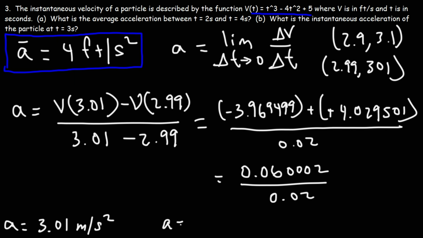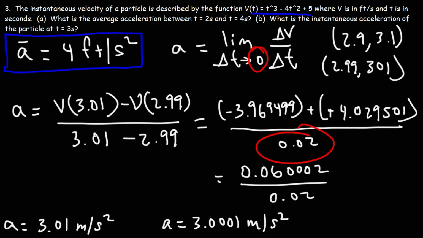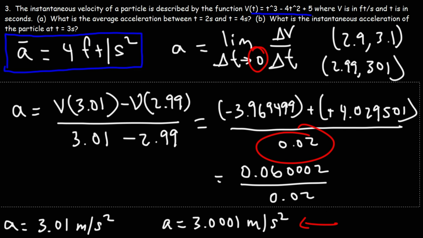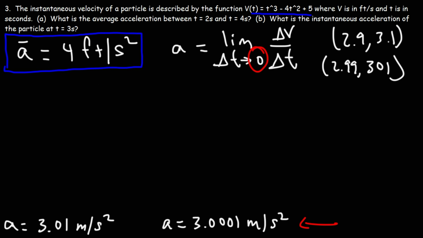So the acceleration is 3.0001, which is basically 3 meters per second squared. So as delta t gets very close to 0, the average acceleration gets closer to the instantaneous acceleration. So that's how you can use the average acceleration formula to estimate the instantaneous acceleration.